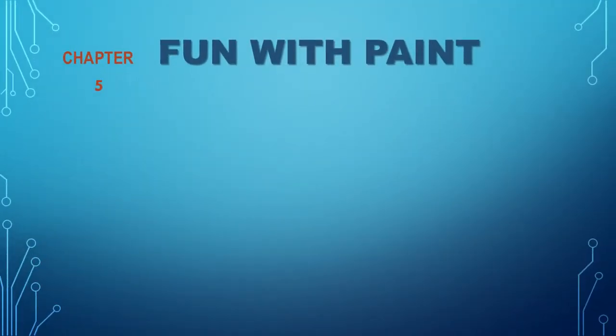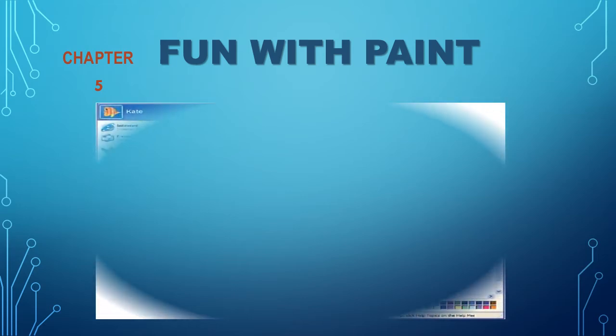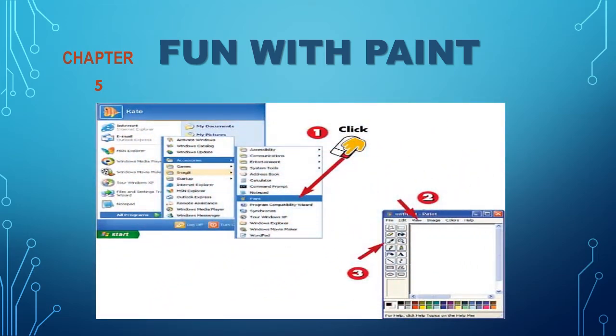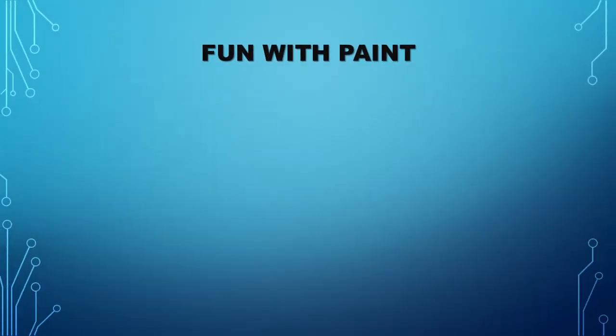Today we are going to see a continuation of the topic, chapter 5, Fun with Paint. Last week we saw about the Paint window. What did we see in the last class regarding Paint?